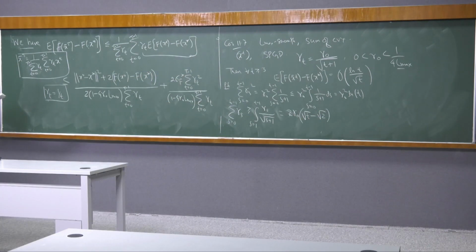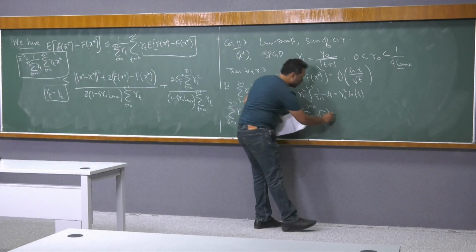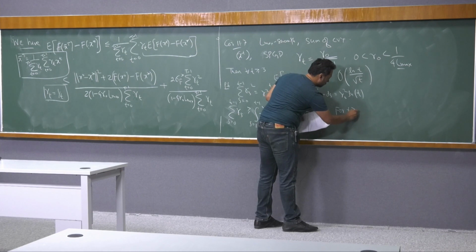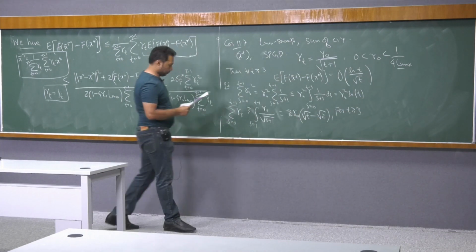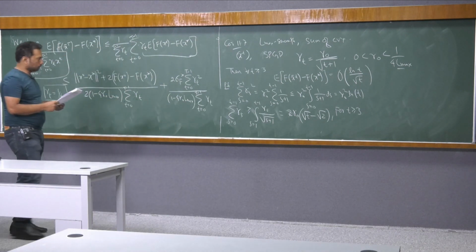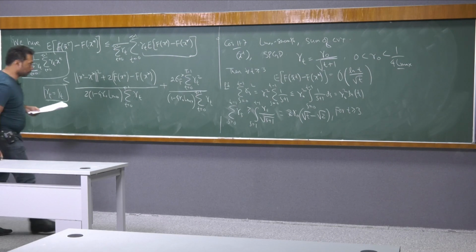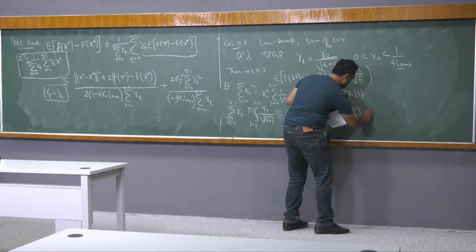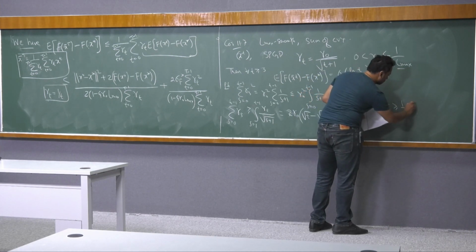So with this, for t greater than or equal to 3, basically this will be greater than or equal to square root 2, right? So for t greater than or equal to 3, we can write square root of t minus square root of 2 is greater than or equal to 1 by 6 square root of t.